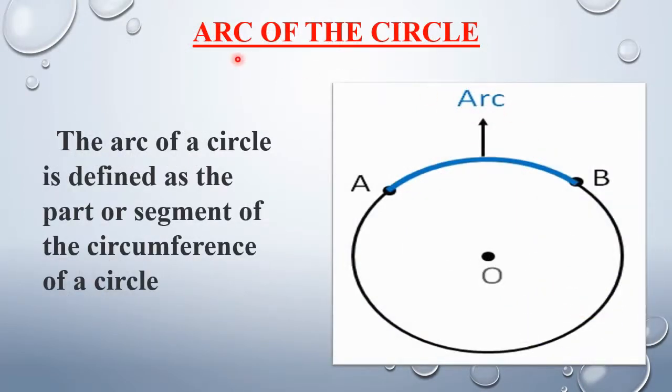Students, now we will start our main topic, that is arc of the circle. The arc of a circle is defined as the part or a segment of the circumference of a circle. Here in this diagram you can see AB is the arc of a circle.